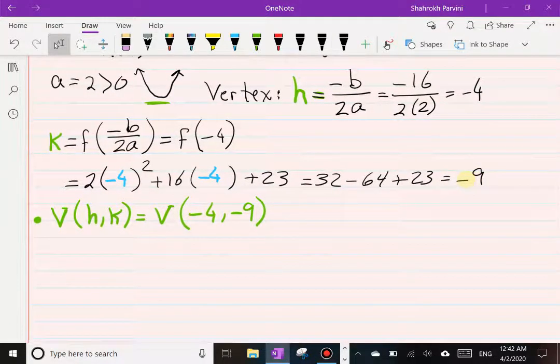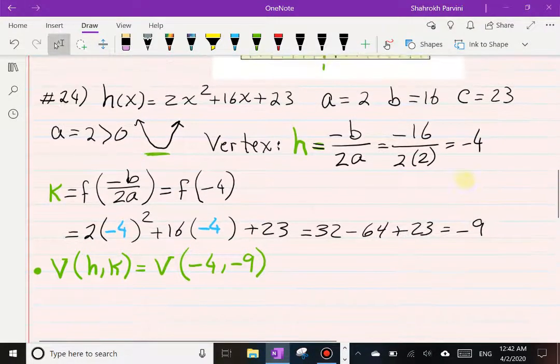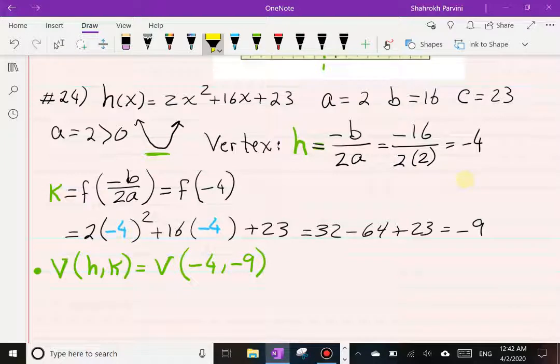Okay, so we got the vertex, and now we are in a position to graph this one. We need 3 points. One of the points I'm going to use is the y-intercept, which is when x is 0. Let's write down our y-intercept.